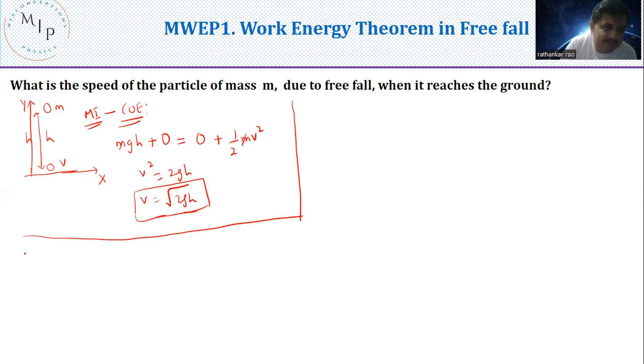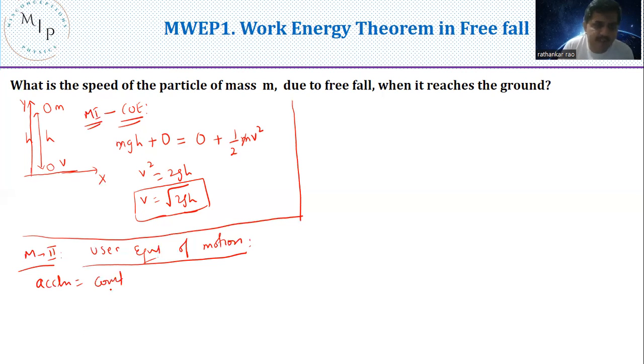What's the second method? I didn't think that we can do it by equations of motion, so while I'm giving this lecture, I'm just thinking, why don't we do it by this method also. The second method tells you that you can use equations of motion. When can I use equations of motion? I can use equations of motion when acceleration is equal to a constant.